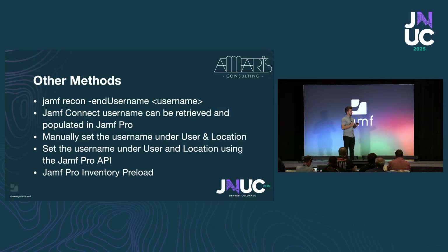So that's one method. You can also retrieve from Jamf Connect. Some people do that. They retrieve the username, and then they populate that in Jamf Pro with a script or with some APIs. You can also manually set it if you have very few devices. And then you can also use the Jamf Pro inventory preload. So whatever method works best for you, go that way. I showed what, in my opinion, is the most automated one.